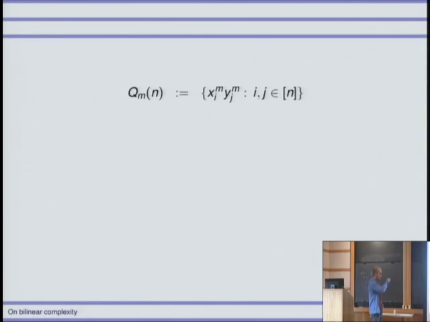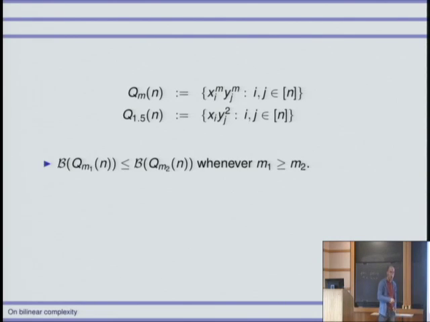And since the amount of things I can prove about sets of this form is relatively limited, I'll introduce one more set, the set of monomials of the form x_i y_j squared. And I will tell you something about the bilinear complexity of those sets as it depends on m.